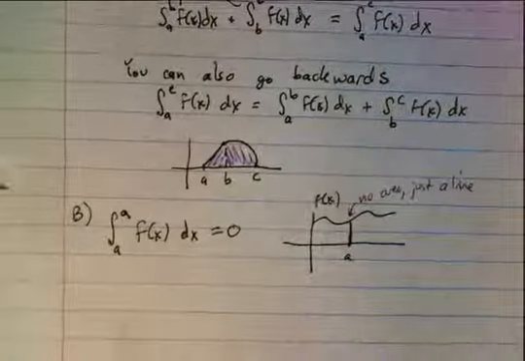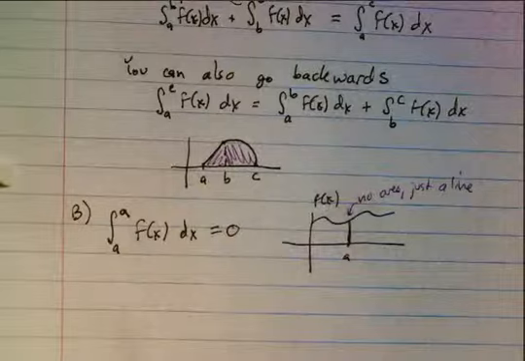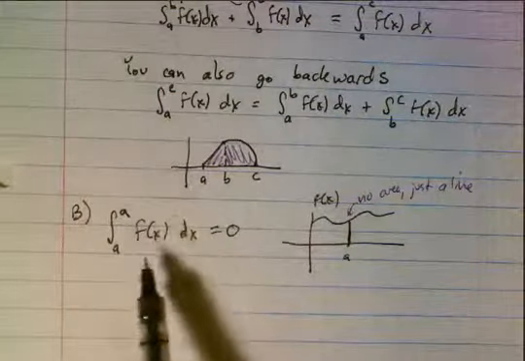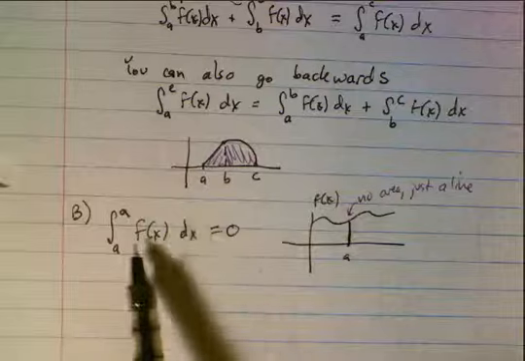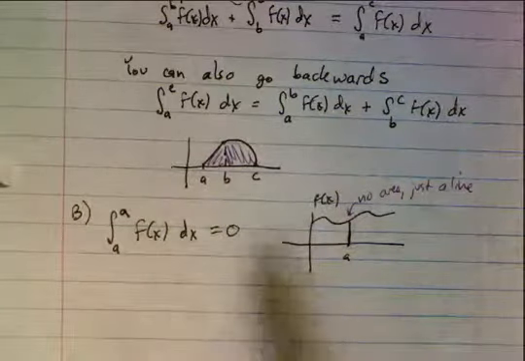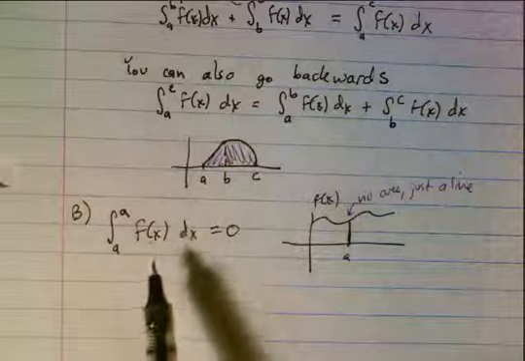This one likes to show up in problems that look intimidating but really aren't. No matter how weird this is, no matter how much it looks like we can't take the integral of it, if the bounds are the same, the answer is 0. Doesn't matter what this is at all.